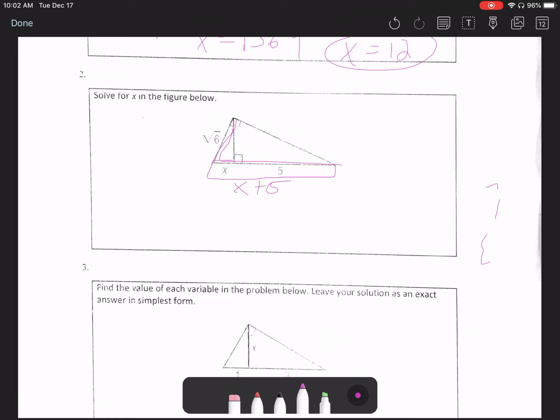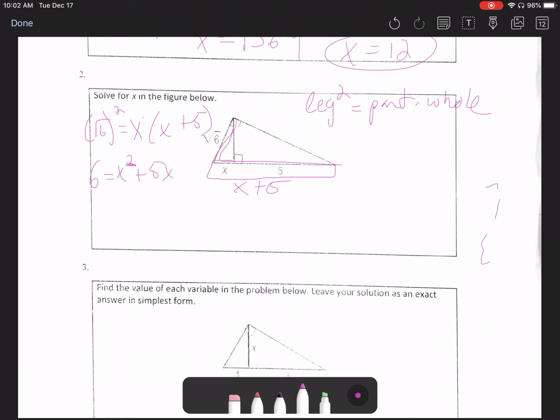But we have a little shortcut: leg squared equals part times whole. So I know radical 6 squared is equal to x times x plus 5. So 6 is equal to x squared plus 5x.